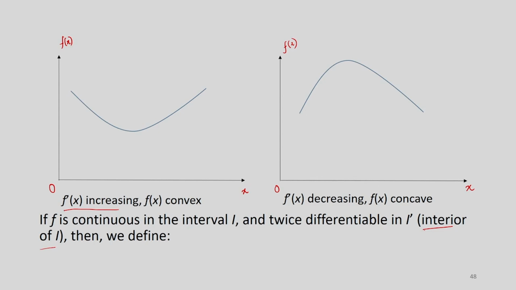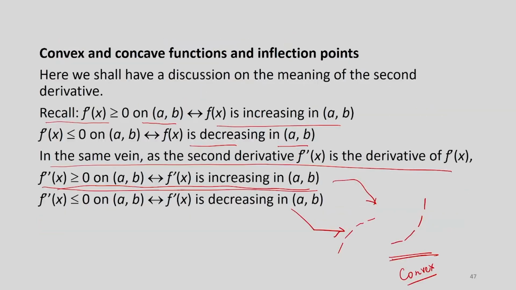Okay. On the other hand, on your right hand side of the screen, you have a function which is concave. Okay. And concave functions, we have drawn it in a rudimentary manner here, concave. Okay.